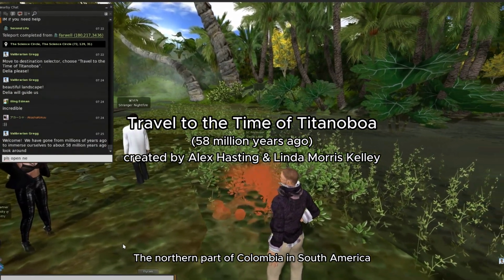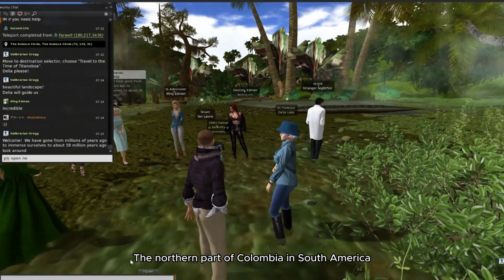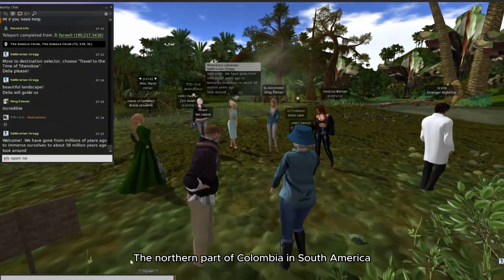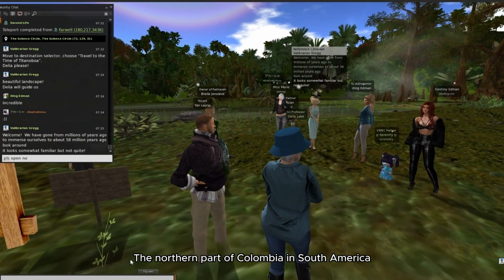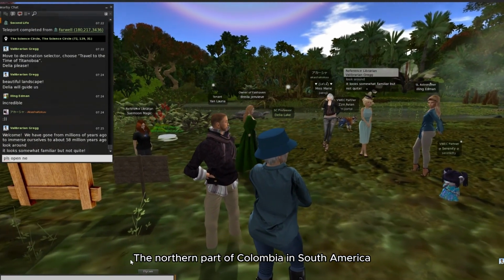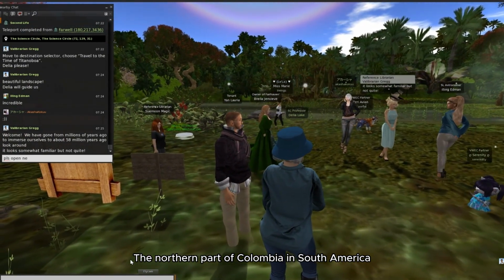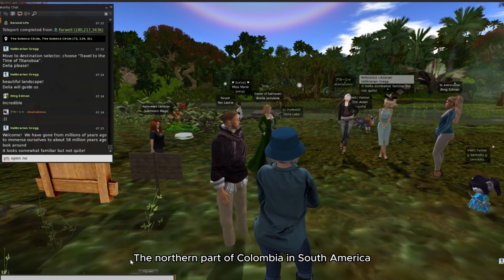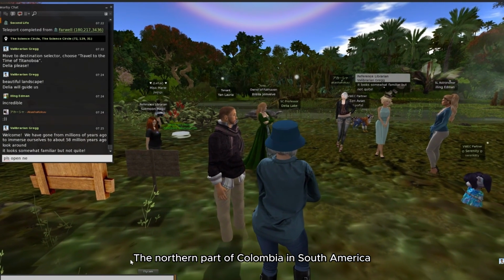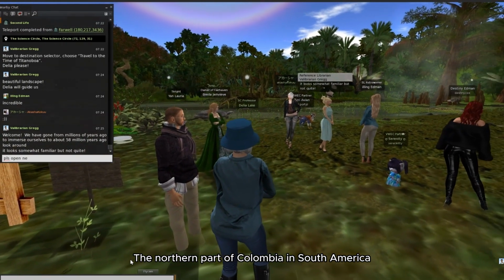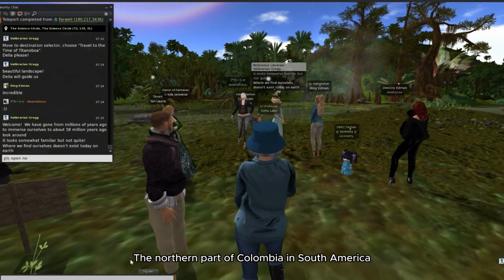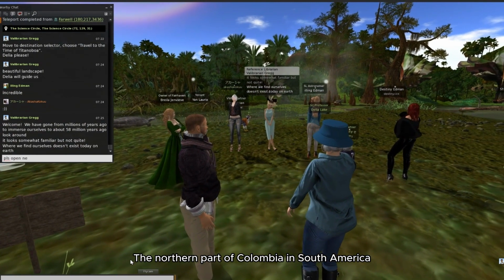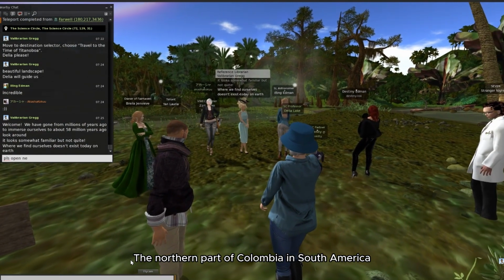I suspect that it will look somewhat familiar, but not quite. Where we find ourselves doesn't exist today in 2023 on Earth, because we are on land that was changing 58 million years ago.